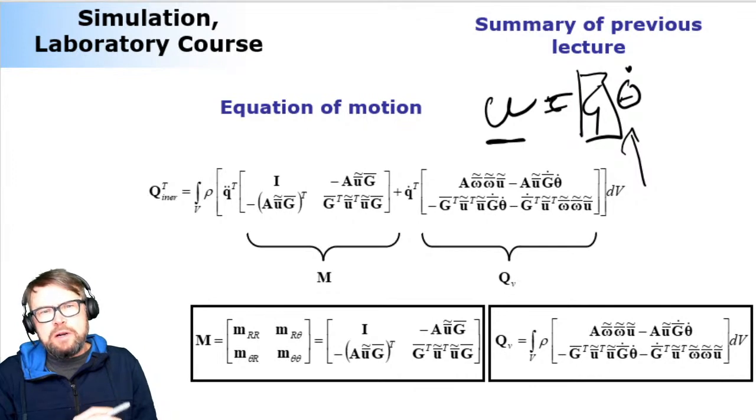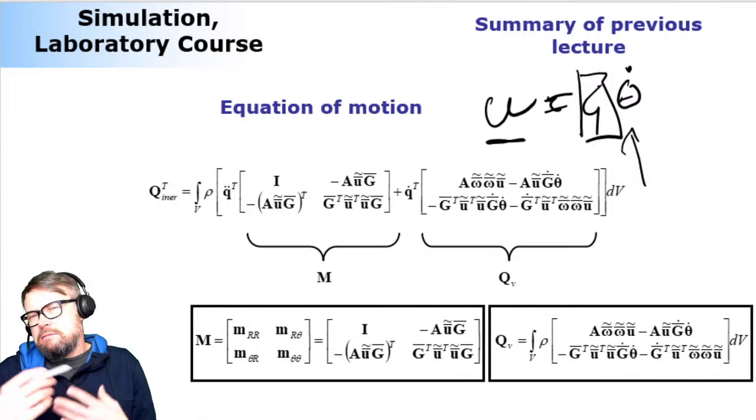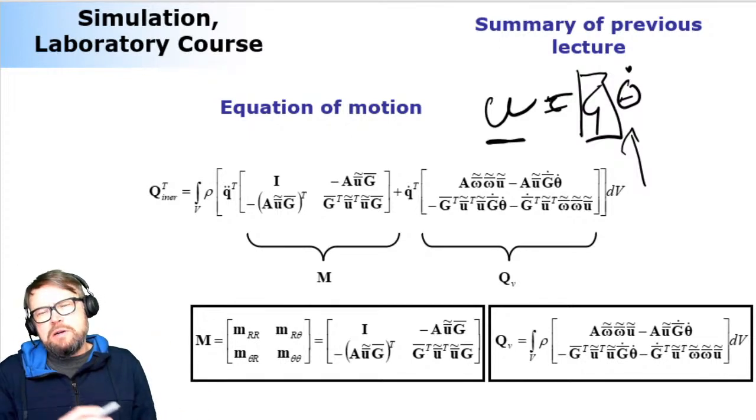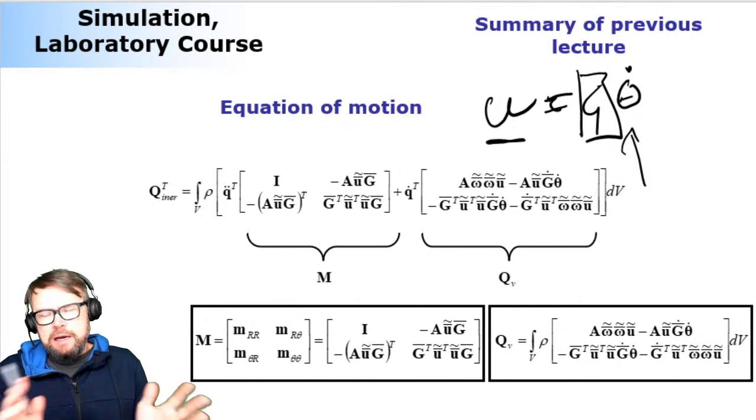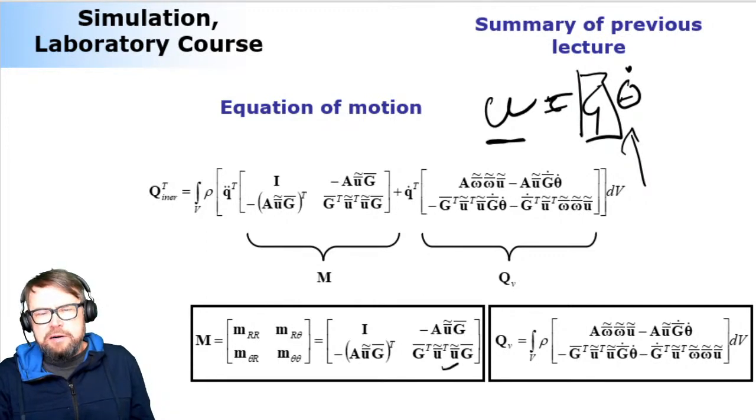The G matrix relates your kinematics to any set of generalized coordinates, rotational coordinates to be more specific. And now you can see here, the part in the middle is obviously an inertia tensor. The inertia tensor is mapped to any set of generalized coordinates with the help of the G matrix.